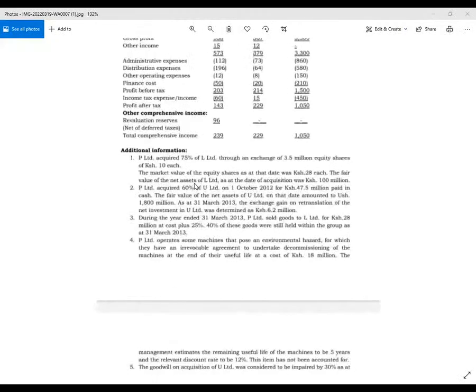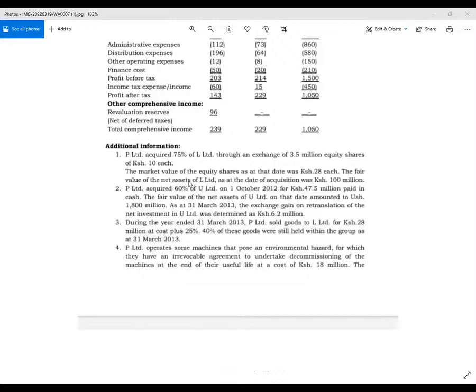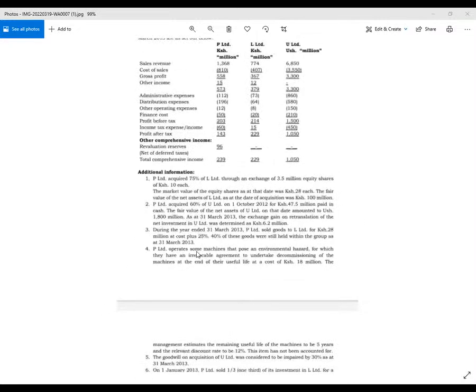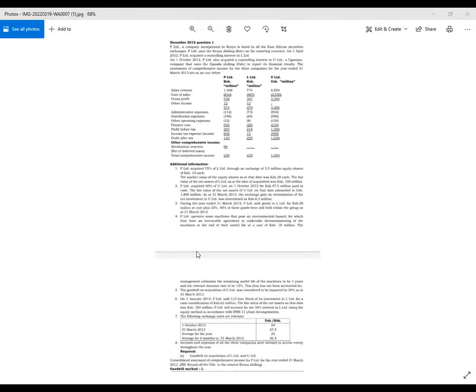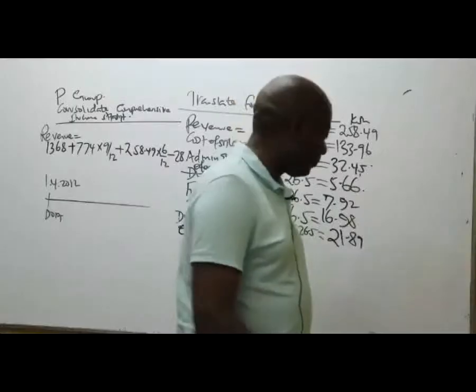On which date? We made some disposal, if you remember. On 1st January 2013, P Limited sold one third of its investment in L Limited. Which date? 1st January 2013.